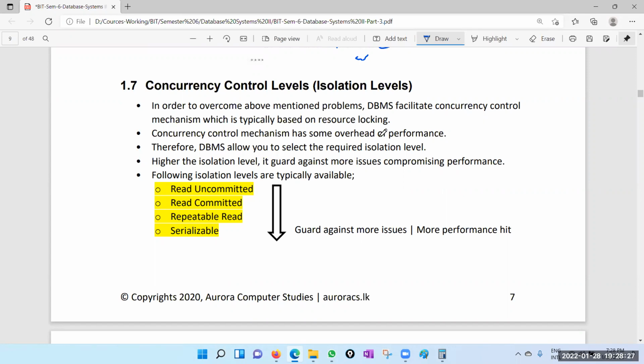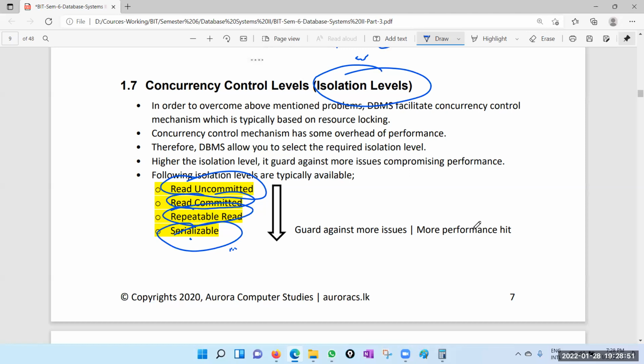Right. So therefore, we have levels. So what are the 4 levels? Read uncommitted level isolation. We call them isolation levels. Read committed level isolation, repeatable read isolation, and serializable level isolation. Serializable is the best approach.